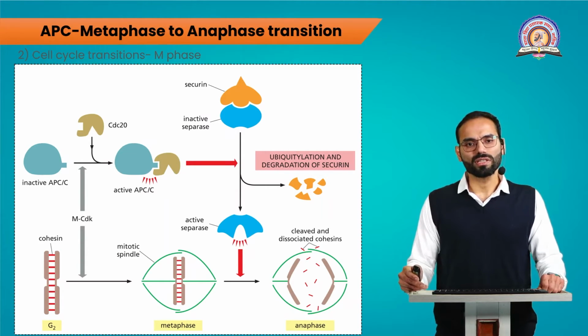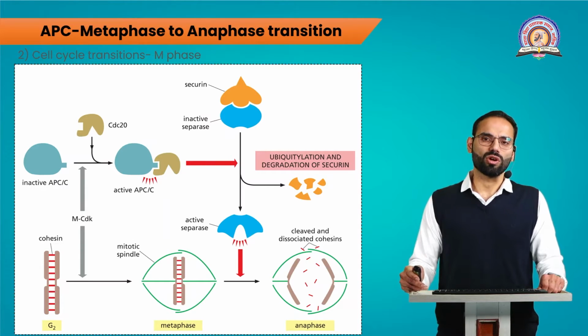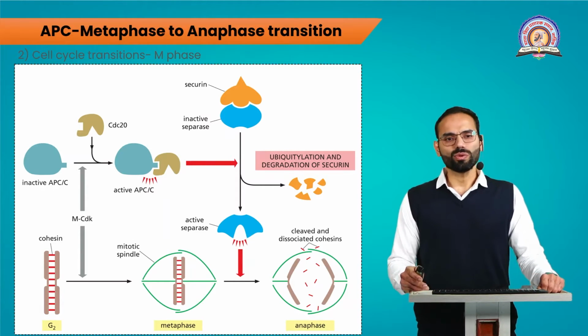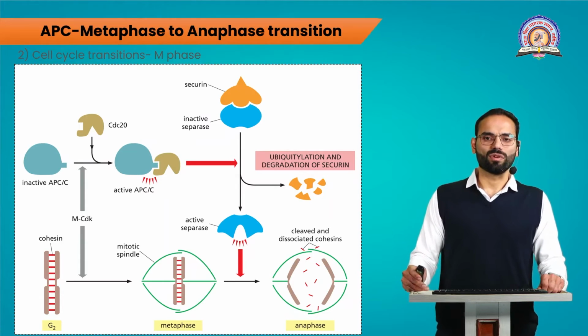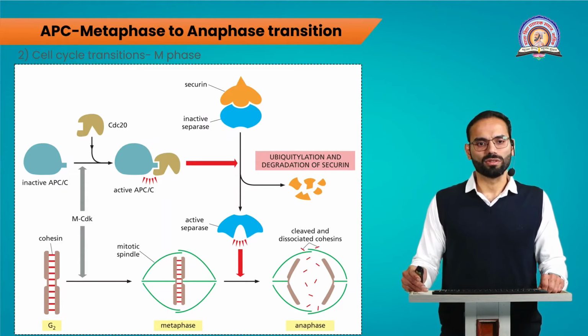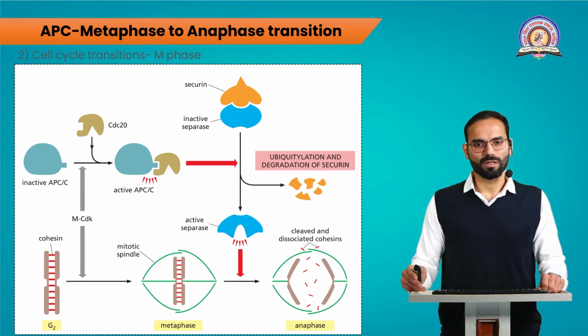One of the important things which happens during the metaphase to anaphase transition is activation of the anaphase promoting complex. During this transition, the cyclin B and the CDK1 have to be broken down. This is catalyzed by one of the important families of ubiquitin ligases, that is the anaphase promoting complex.